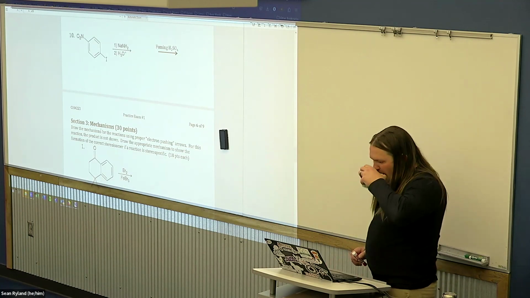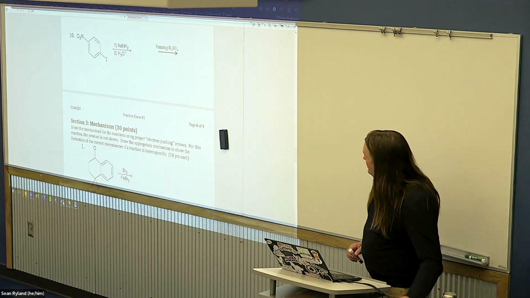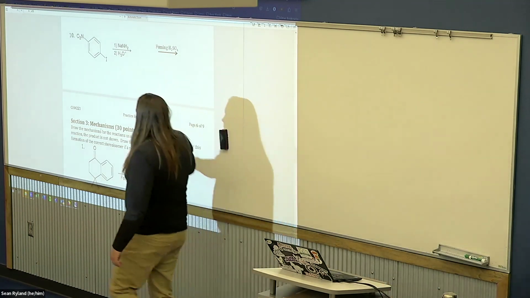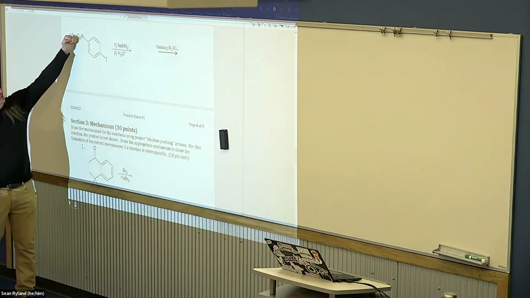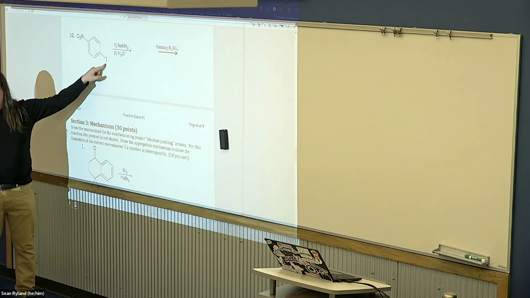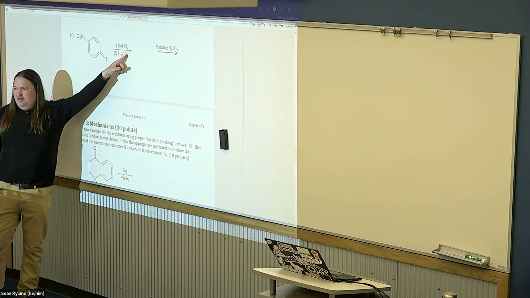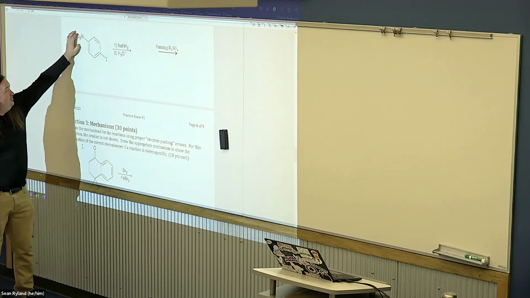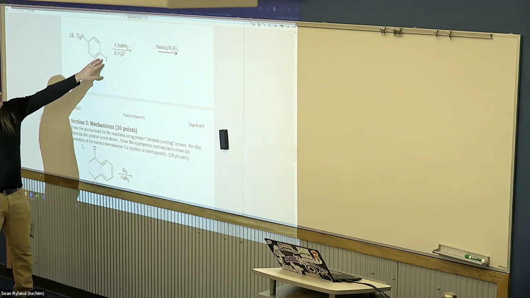Fuming. So, first step. Nitro group with a good leaving group in the para position. So that's going to be our nucleophilic aromatic substitution. Oh, I always forget that you can do it with. Right? So we have a strong nucleophile, a strong withdrawing group in the para position, and a good leaving group.